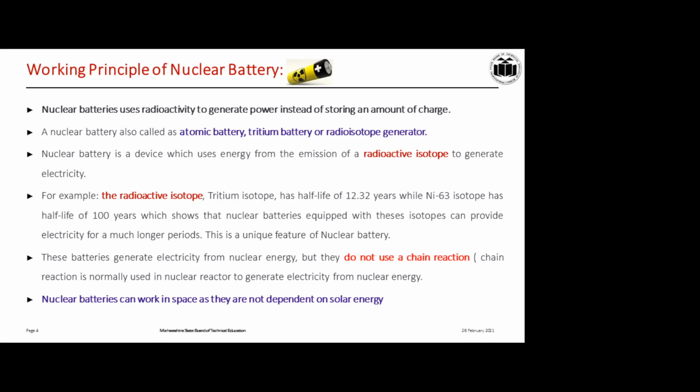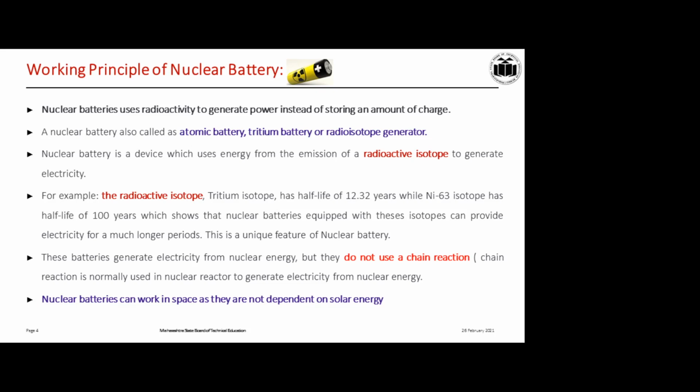Now this nuclear battery is a device which uses the energy from the emission of a radioactive isotope to generate electricity. For example, the tritium isotope has a half-life of 12 to 32 years, while the nickel 63 isotope has a half-life of 100 years, which shows that nuclear batteries equipped with these isotopes can provide electricity for a longer period.